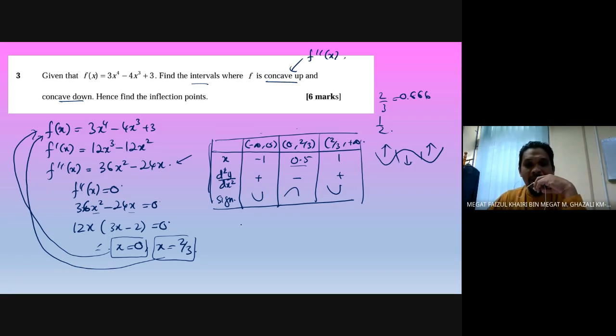Okay, so when x equal to 0, then f(0) equal to 0 and 0, so we get 3 here. y equal to 3. Good, thank you.